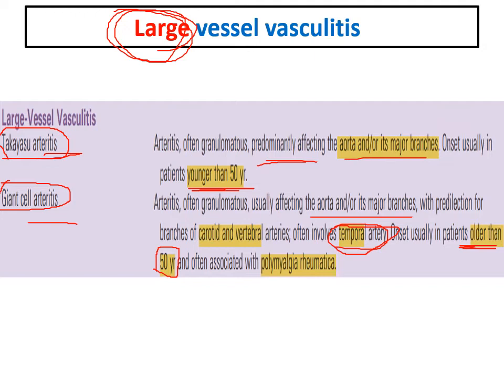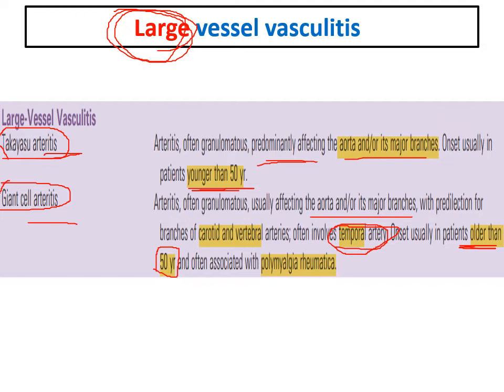As we said, Takayasu usually affects the vessels supplying extremities, so the main clinical manifestations of Takayasu usually include reduced pulse in most of the patients, vascular bruit and claudication, so reduced pulse in the extremities.